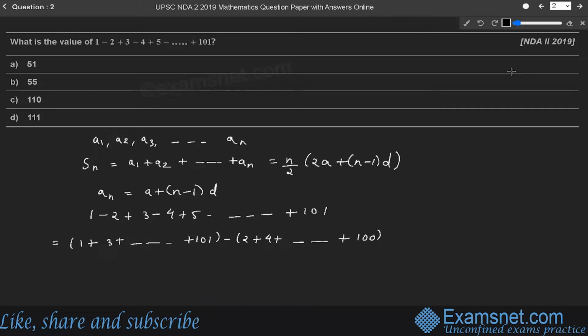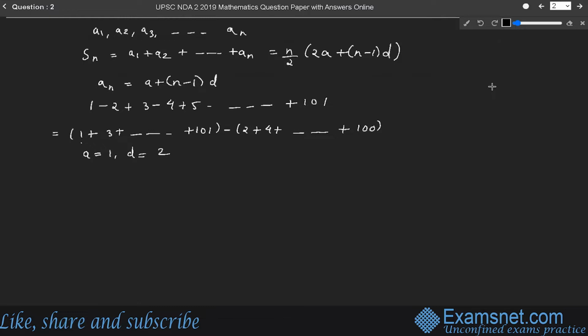As we see that 1, 3, so on up to 101 forms an AP with the first term A equal to 1 and the common difference D equal to 2. D is the common difference.